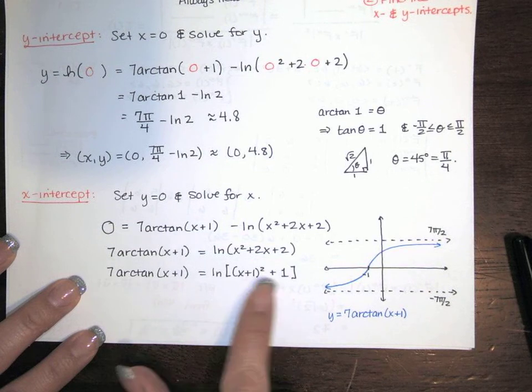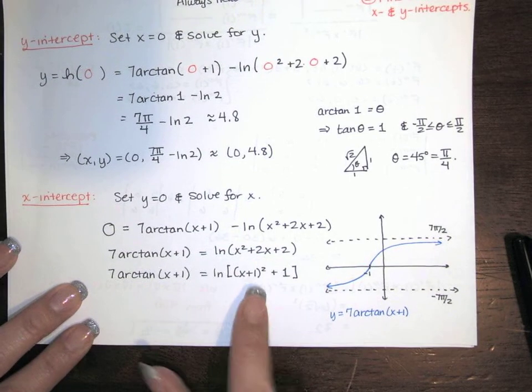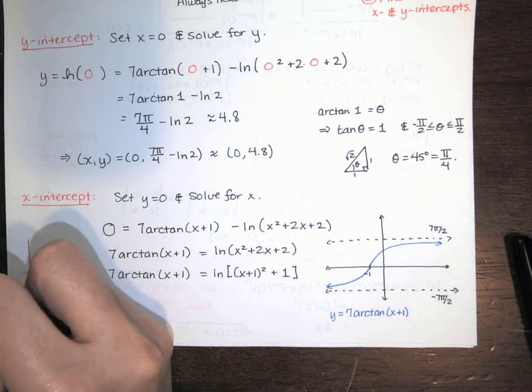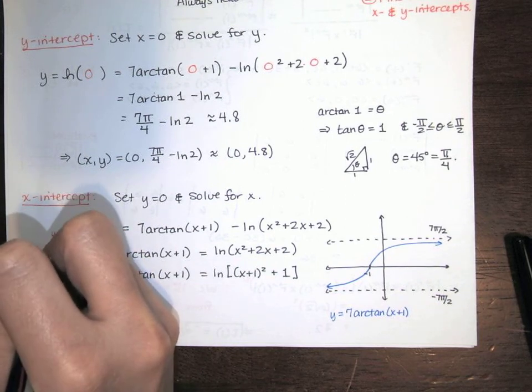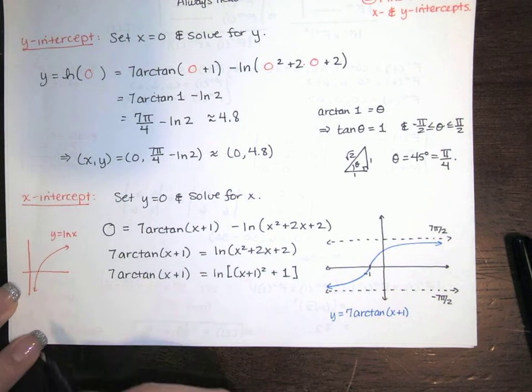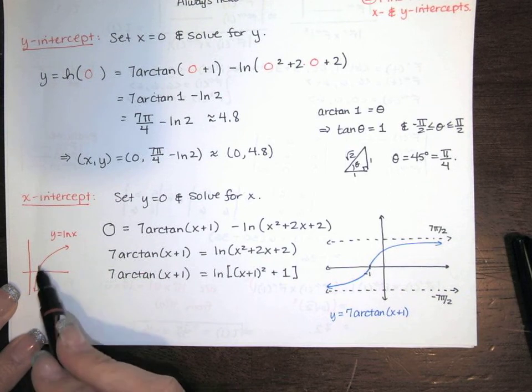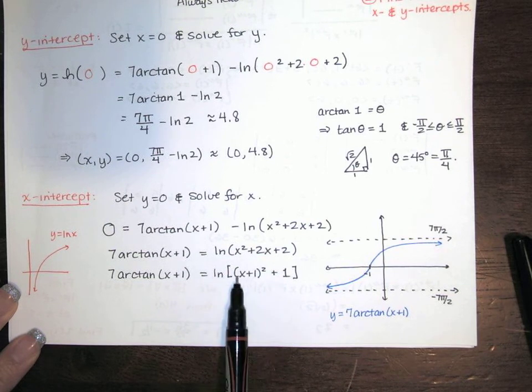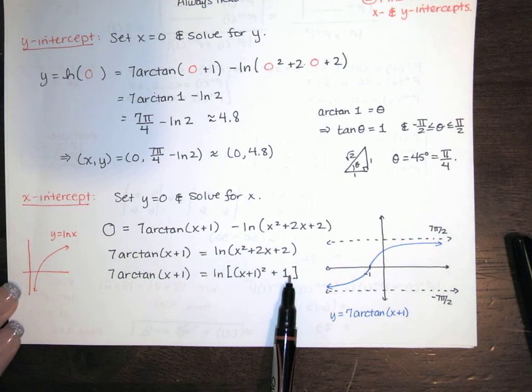This is natural log of something, and y equals natural log of x looks like this. As x increases, natural log of x increases. So as what's inside here increases, the natural log of what's inside will also increase.